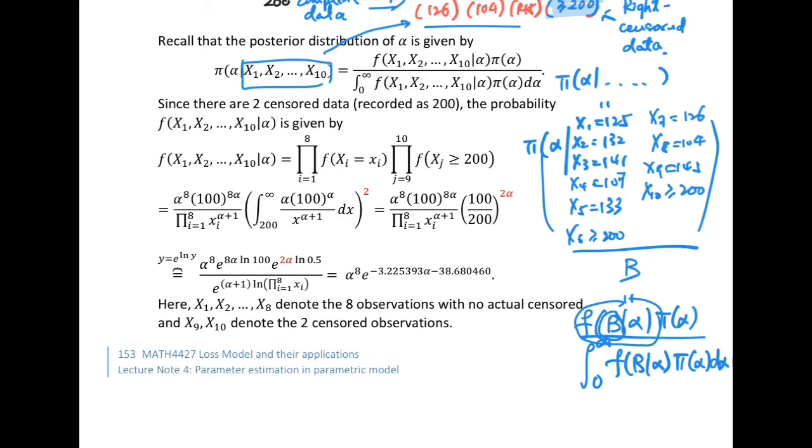To facilitate the presentation, I will rearrange the data a little bit. In particular, I will put these two censored data in the last two entries. So I will arrange the data like this.